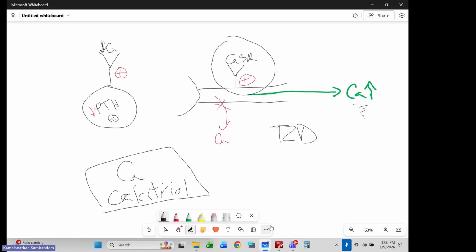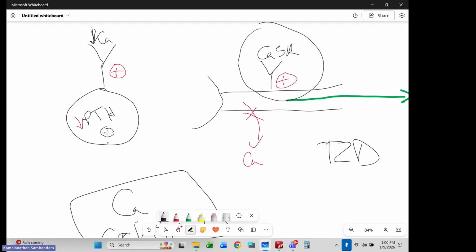And the fusion of that vesicle with the cell membrane relies on magnesium for that fusion process to occur. So if I have profound magnesium deficiency, I can have a reduction in PTH release. PTH being low will tend to cause the hypocalcemia.